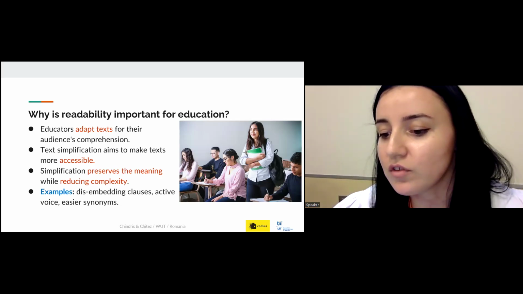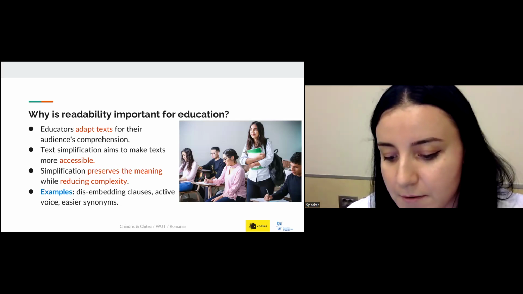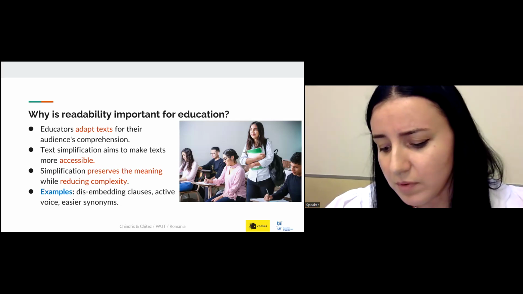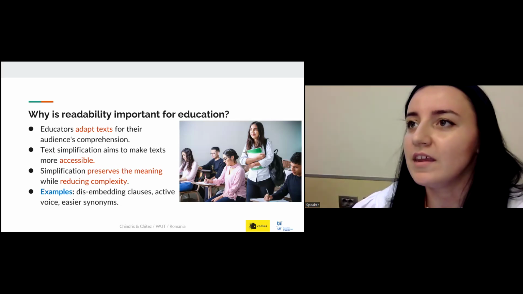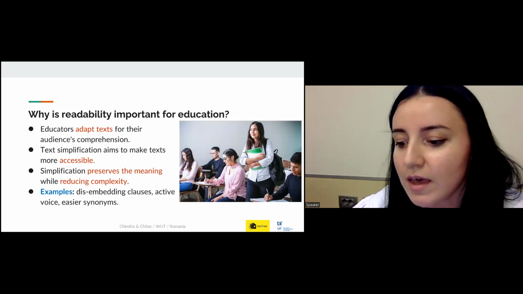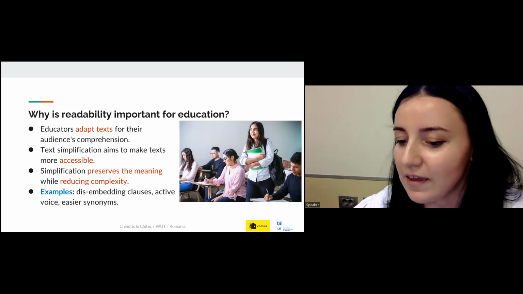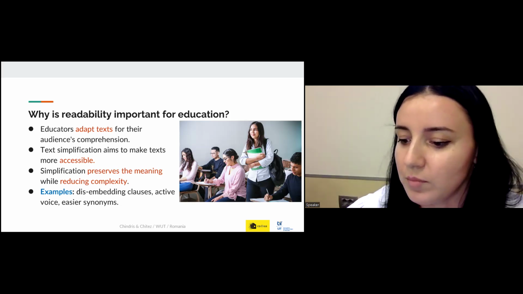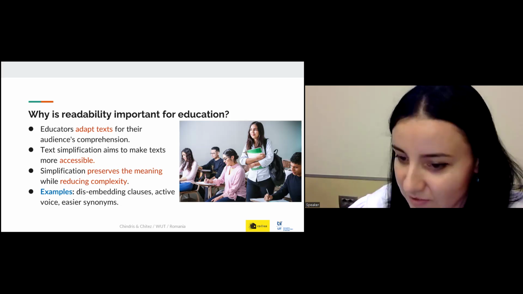Now the question is, why is readability important for education? It's pretty clear that readability is essential for educators because they need to adapt their materials, their texts. And of course, text simplification, which is connected to readability, makes text accessible.